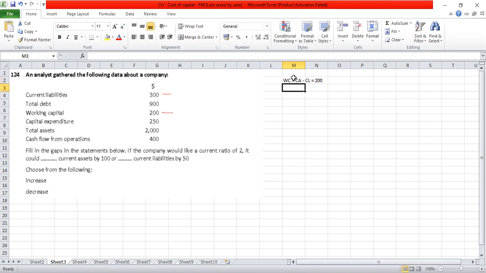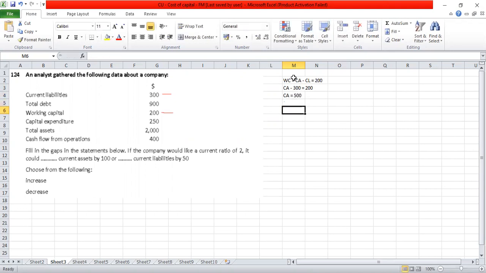So current liabilities are known to us. We do not know what the current assets are. Current assets minus 300 is equal to 200. So current assets is equal to, 300 goes to the other side, it becomes 500.